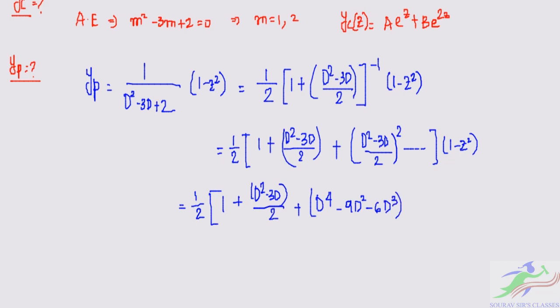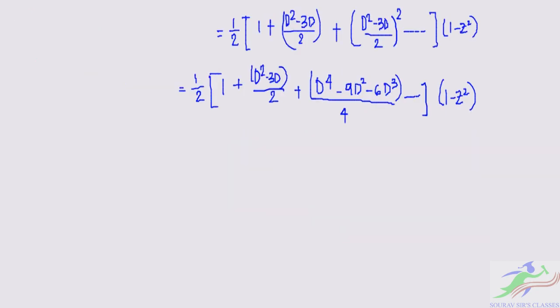We have to go up to the double derivative, so d2 at most. Now, further simplifying this requires showing all the steps, so it is quite elaborate. So now we will directly put this value: it is half, and multiply this by 1 minus z square.